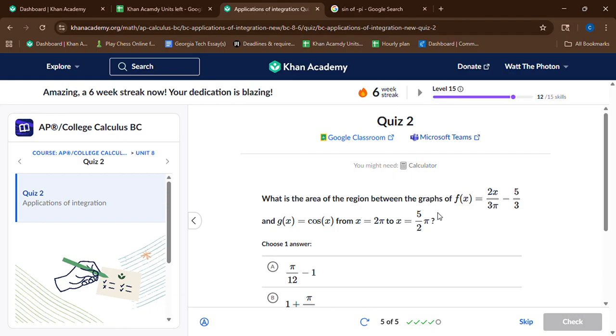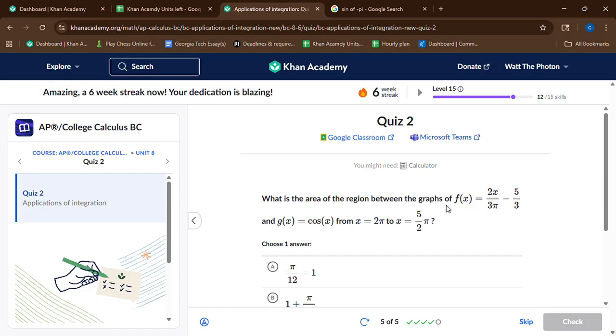What's the area of the region between the graphs f of x is equal to negative 2 over 3 pi minus 5 over 3, and g of x is equal to cosine of x from x equals 2 pi to x equals 5 over 2 pi. So we have the bounds. Our bounds are given.